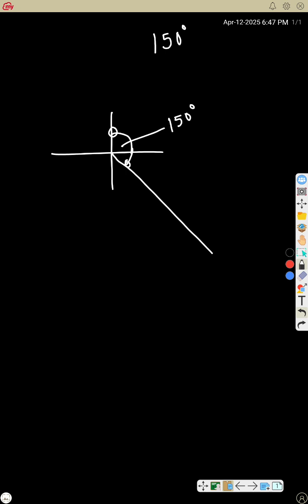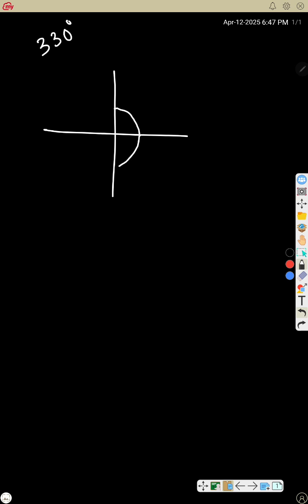Because in bearing, you have to know how to locate the bearing first. So let's say I ask you to locate 330 degrees. All your angles start from north. Don't forget, this is 90, 180, 270.